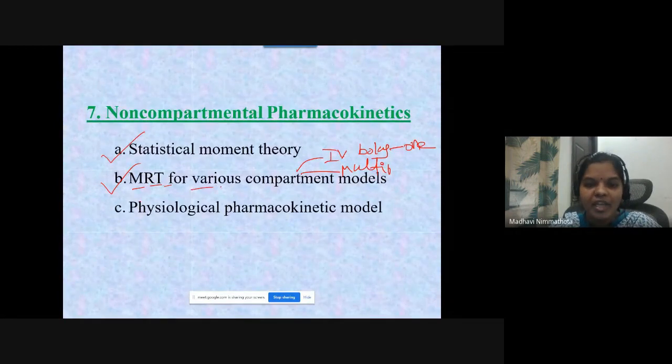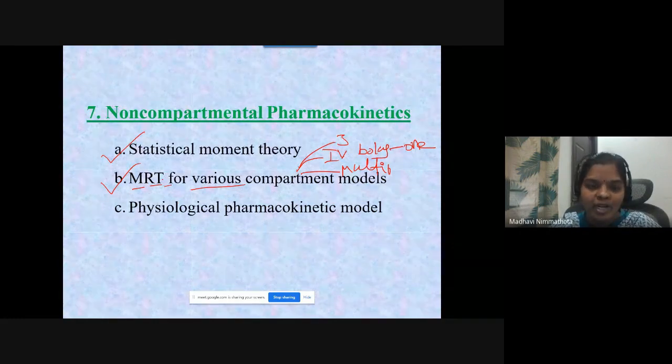So here, various means you have only three different models. For these three different models you are going to read the MRT, mean residence time, separately. And the third one is the physiological pharmacokinetic model. These three parts come under non-compartmental pharmacokinetic analysis.